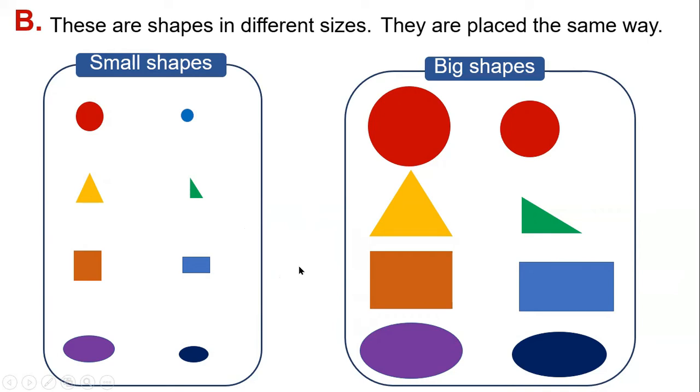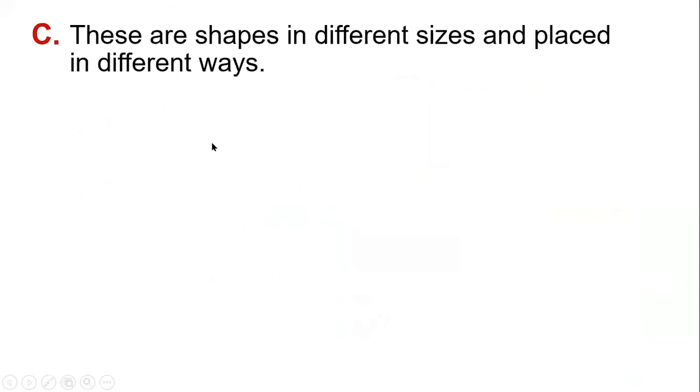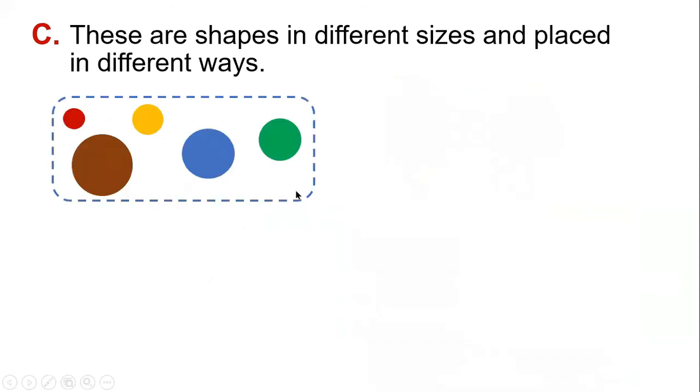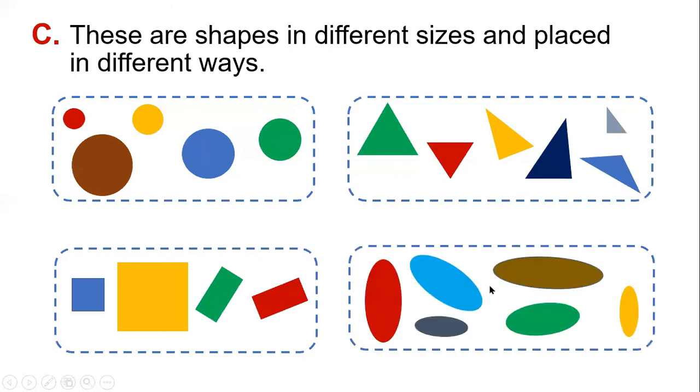Can be big, can be small, can be very big, and can be very small. Okay, look at these. These are shapes in different sizes, but placed in different ways. All of these are circles, small circle, big circle.